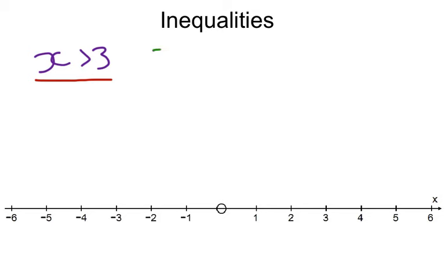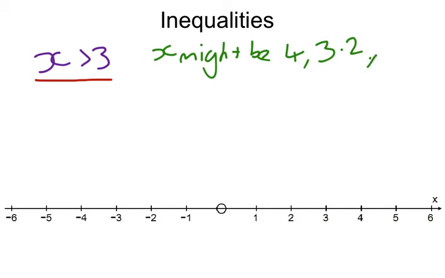So x might be 4, or it might be 3.2, or it might be 751, or it might be 5 2/3, and so on. It could be infinitely many different things. Any number we like, decimal or fraction, as long as it's bigger than 3.